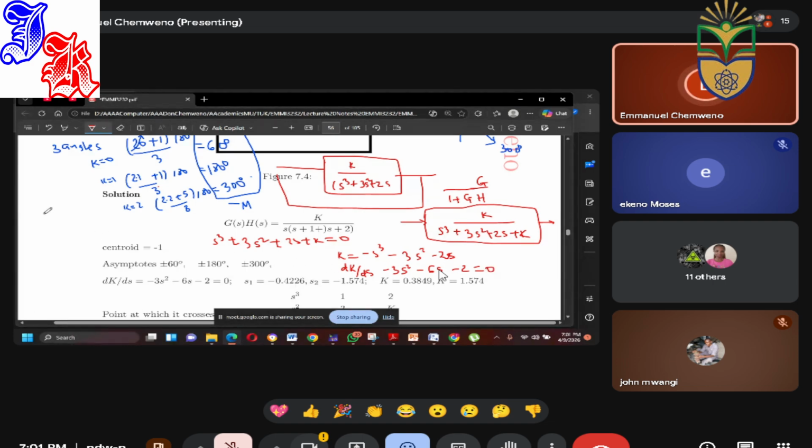So solve for the roots. 3s squared plus 6s plus 2 is equal to 0.